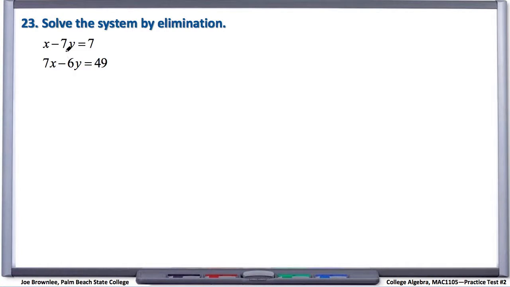All right, but remember, we need to make one of these coefficients positive, and one we'll let remain negative. So I'm going to make equation 1 positive, and I'm making that decision arbitrarily. You could decide to make the coefficient of y in equation 2 positive. And so if we want to make the coefficient in front of y be a positive 42, we're going to have to multiply this whole equation by a negative 6.